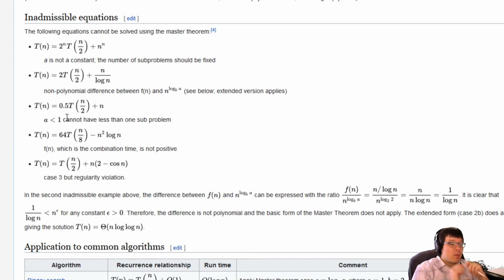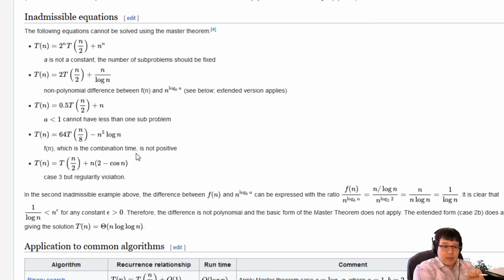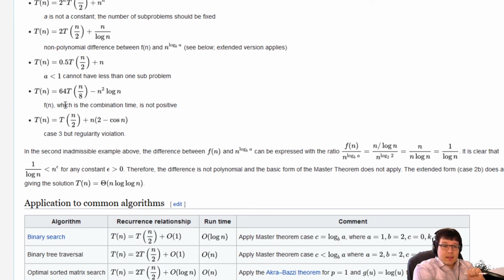So you got to make sure you remember that A has to be greater than 1, and D has to be greater than or equal to 0, and B has to be greater than 1. So I think A and B both have to be greater than 1, and then the only one that can be 0 is D, okay? So, yeah. The next one, f of n, which is the combination time, is not positive. I suppose the fact that here's a negative is the complaint.